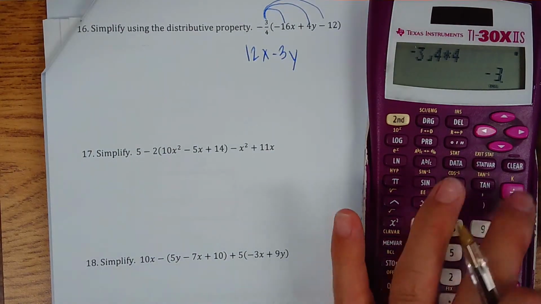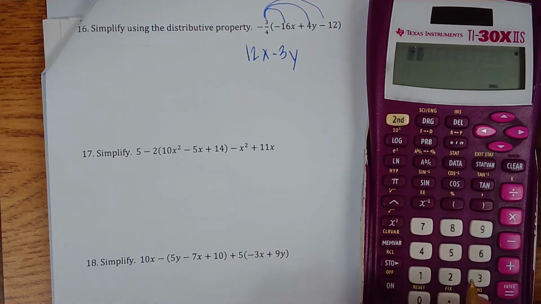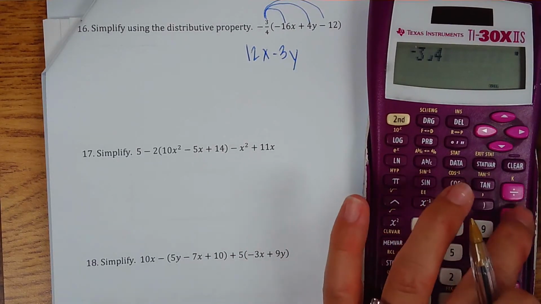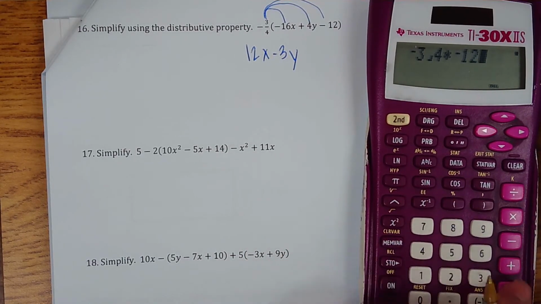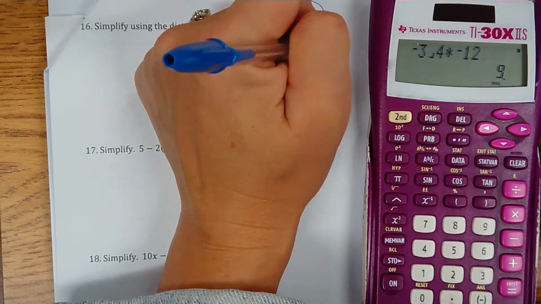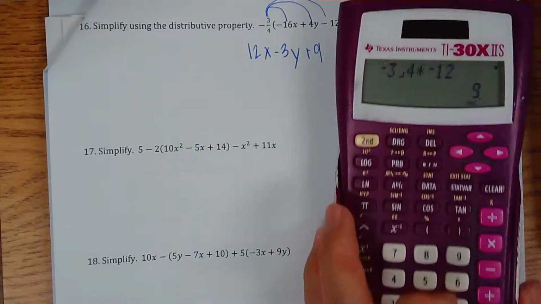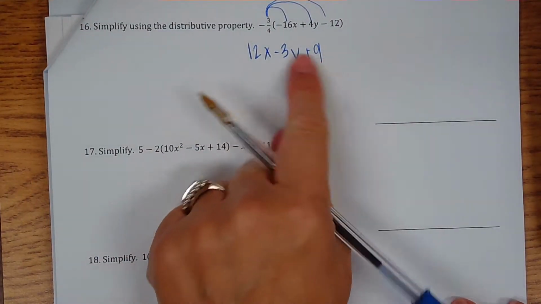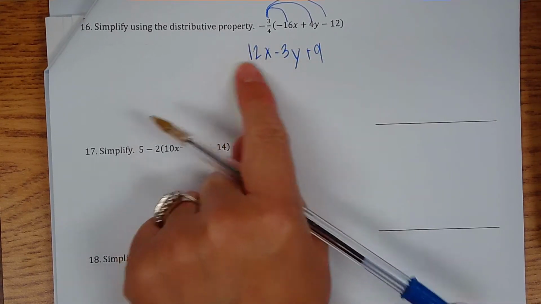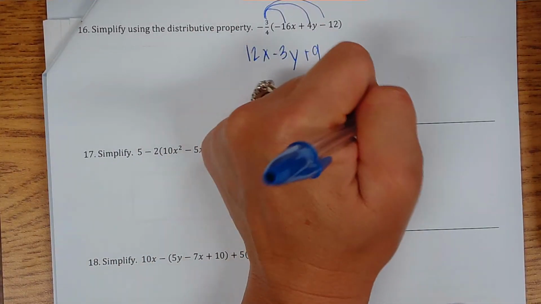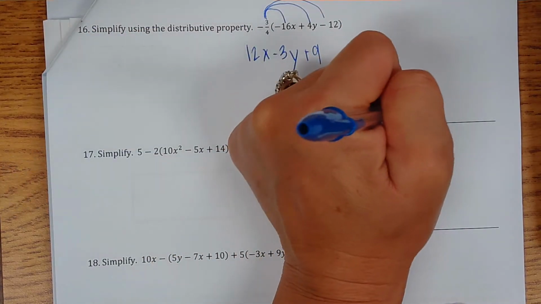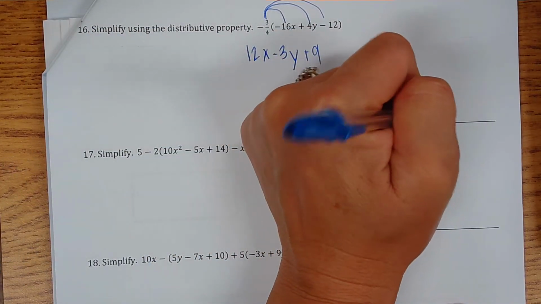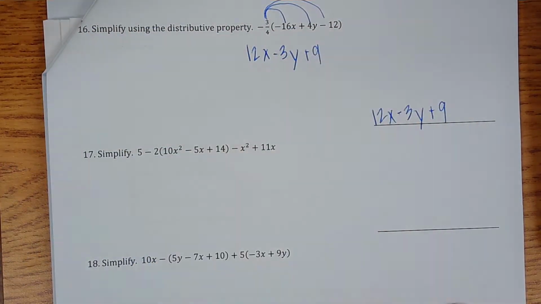It has no variable next to it. So negative 3 over 4 times negative 12. And that would give you a positive 9. So it's an expression, right? There's no equal sign. This is as simplified as it can go. It would be 12x minus 3y plus 9.